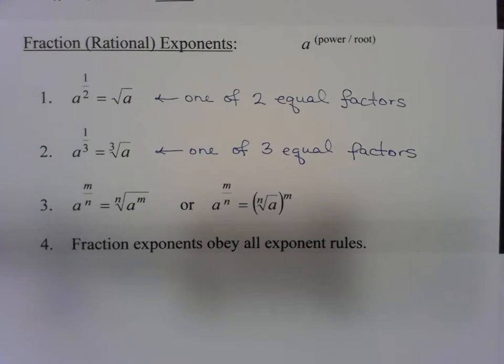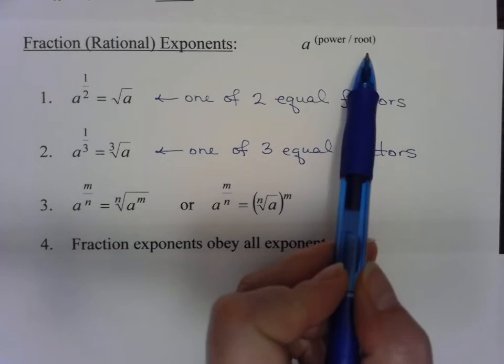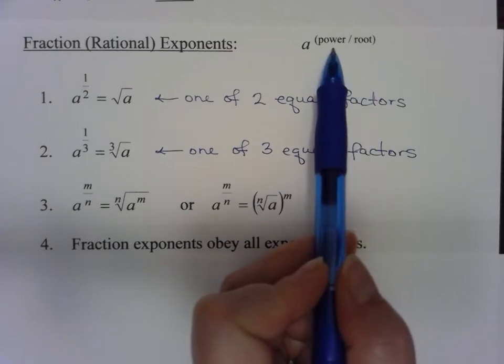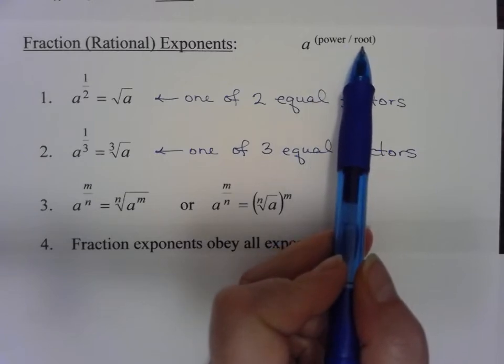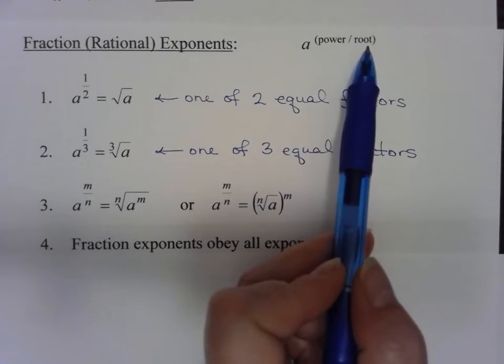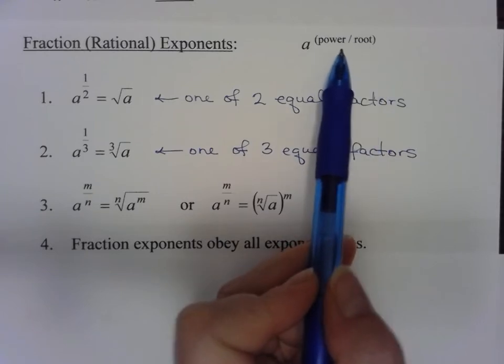We can also use this fraction exponent to represent both a power and a root. So when I do that, the top of that fraction is going to represent the power, the exponent that's being applied, and the bottom of the fraction is going to represent the root that's being applied. And the fraction exponent is kind of a condensed way to show both at the same time.